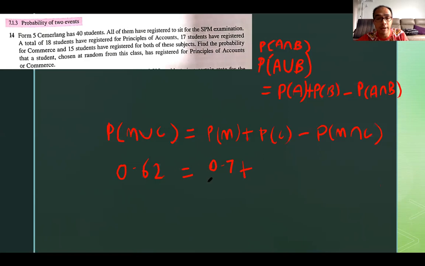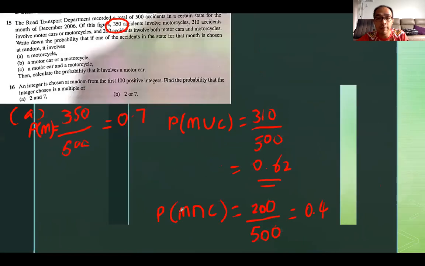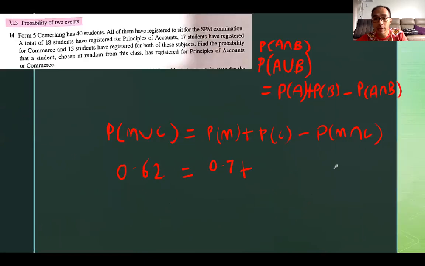What do we have left? We have the probability of motorcycle and car is 0.4. So minus, this is what we want to find, the probability of car. And this one becomes very simple math already: 0.62 minus 0.7 plus 0.4. So how much is our P(C), the probability of car?